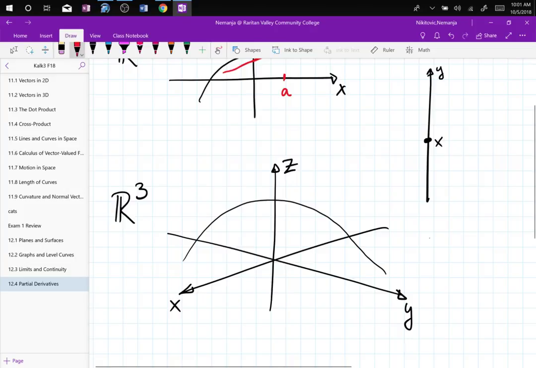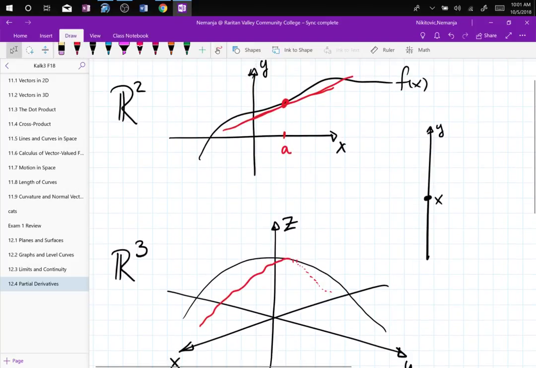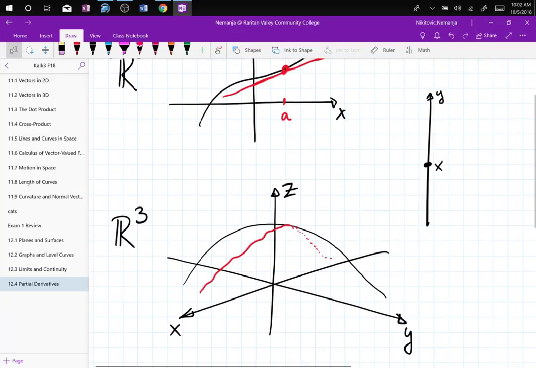As I am taking the derivative with respect to x, that is going to give me some kind of path, because I am technically cutting this shape along the x-axis, and this red line would actually represent my Calculus 1, right, 2D case, and then I am taking the derivative.